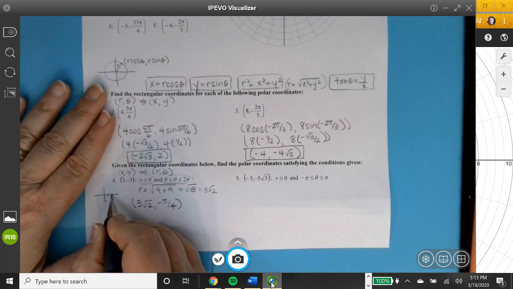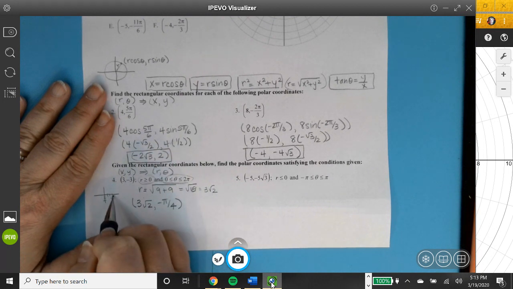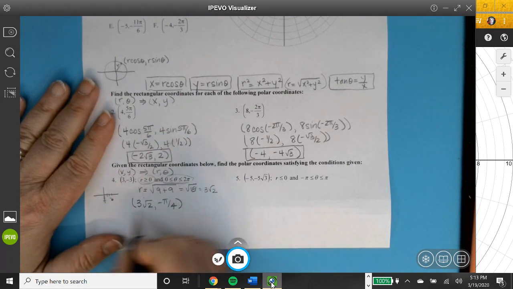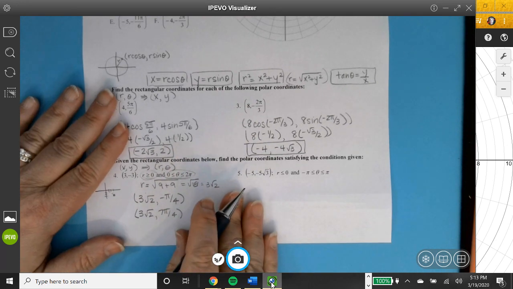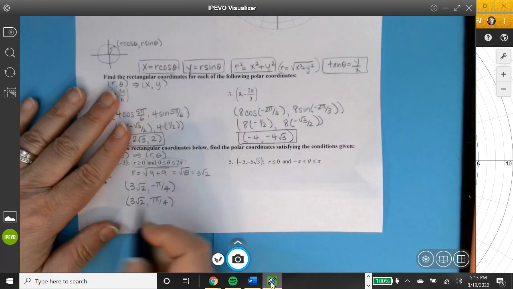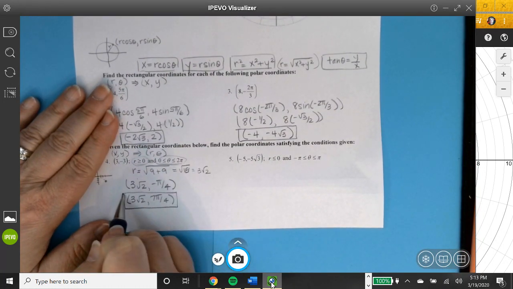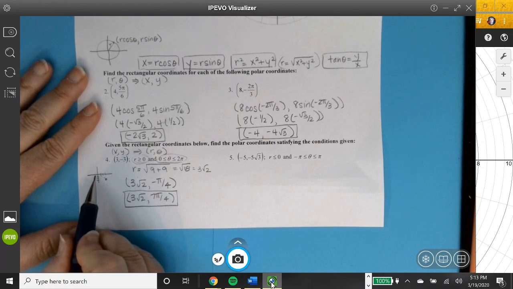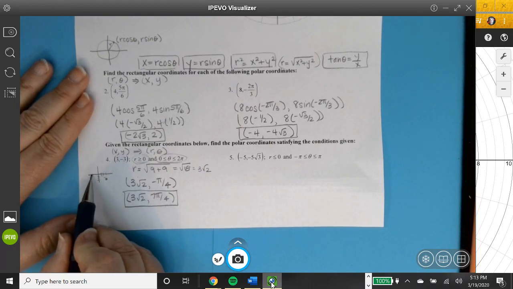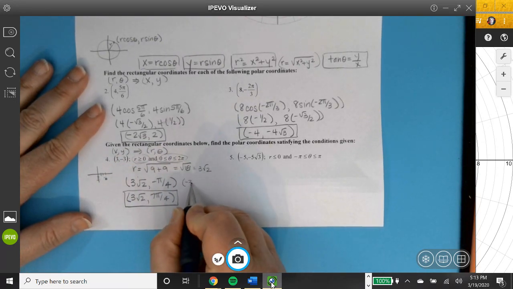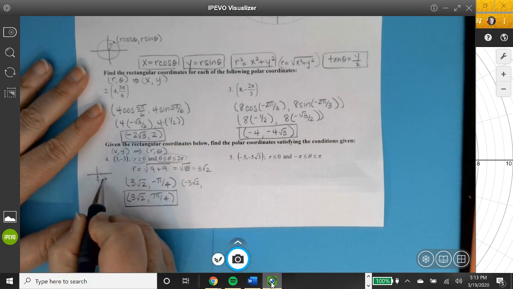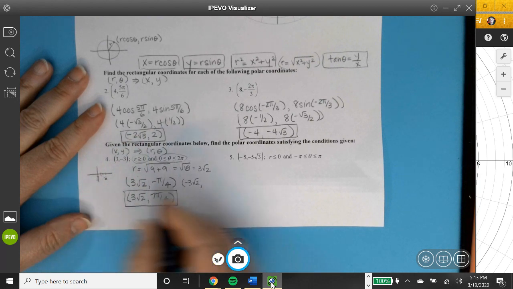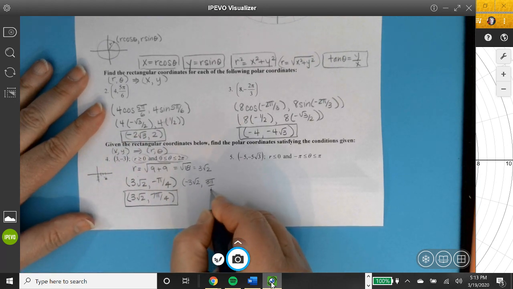I could go out radially 3 root 2, and then go all the way around, which would be 3 root 2, 7 pi over 4, right? And just for practice, let's name the other two, because this is the one that the problem is requesting. So we know that's the answer. All right, well, I could also go out radially negative. So I could say negative 3 root 2, and then rotate in the counterclockwise direction, which means it would be positive 3 pi over 4.